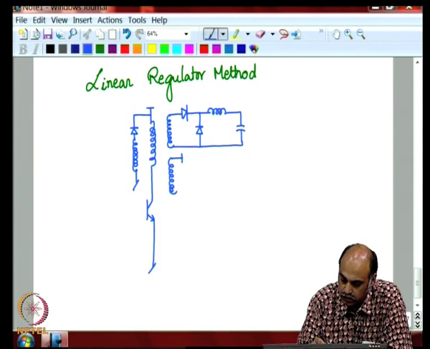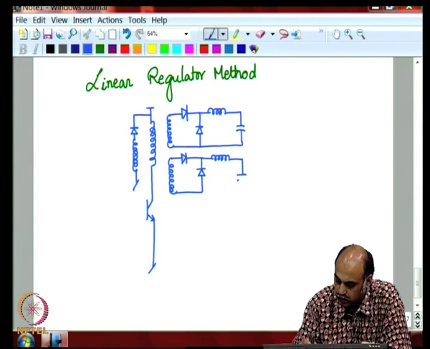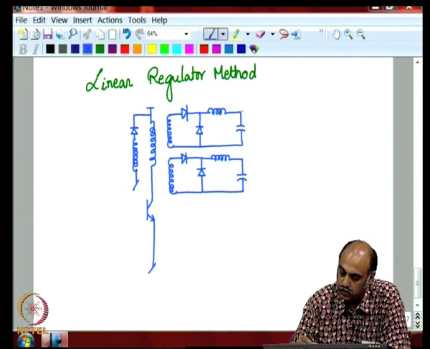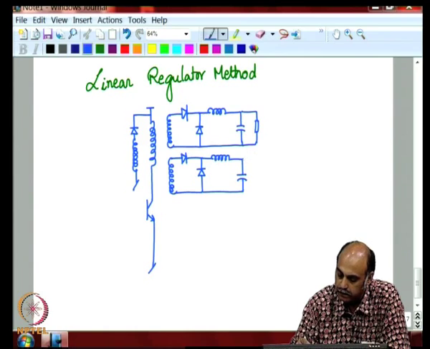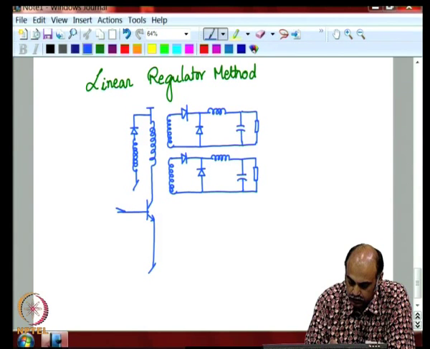I will just draw two outputs. These are the two outputs. You have the load across them, and this is the control input.